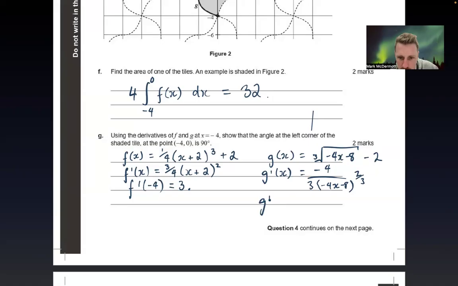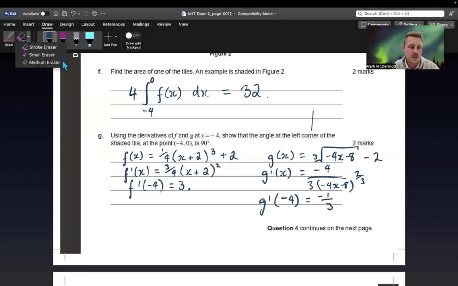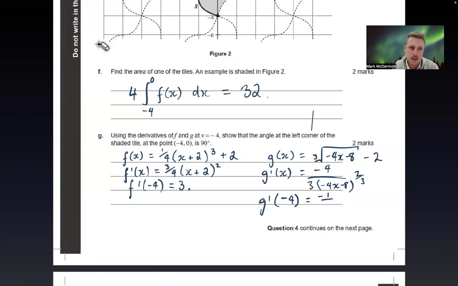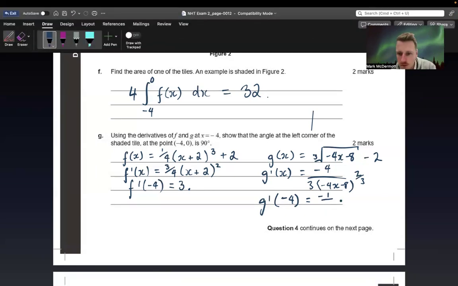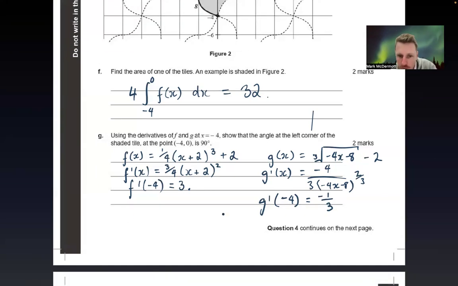So g dash of -4 equals -1/3. Therefore, 3 times -1/3 equals -1.